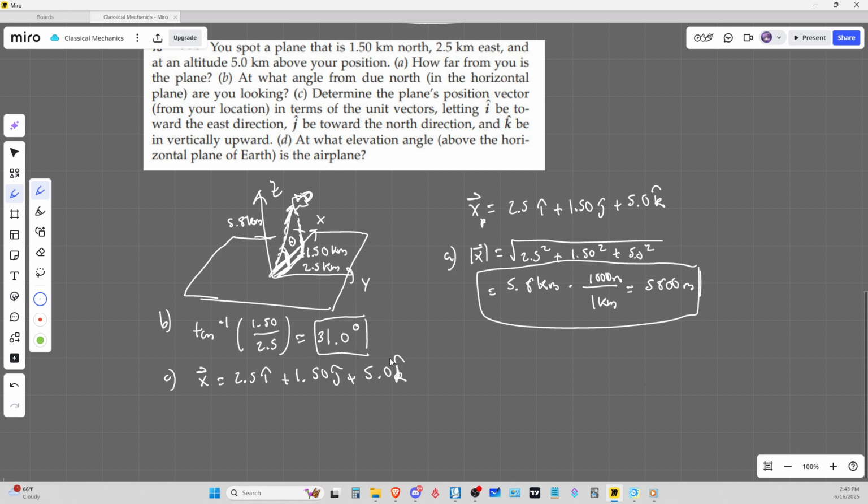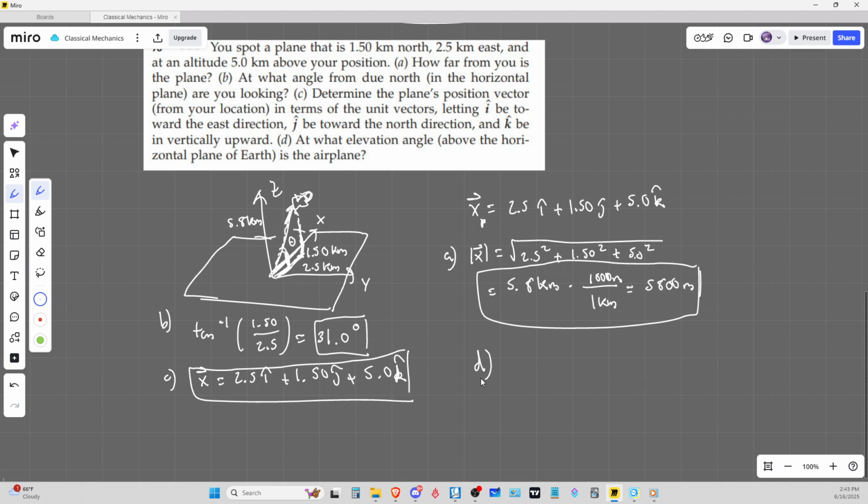Yeah, we already have that done. At what elevation above the horizontal plane of the Earth is the plane? Okay, so now we actually can use what we were thinking of before.